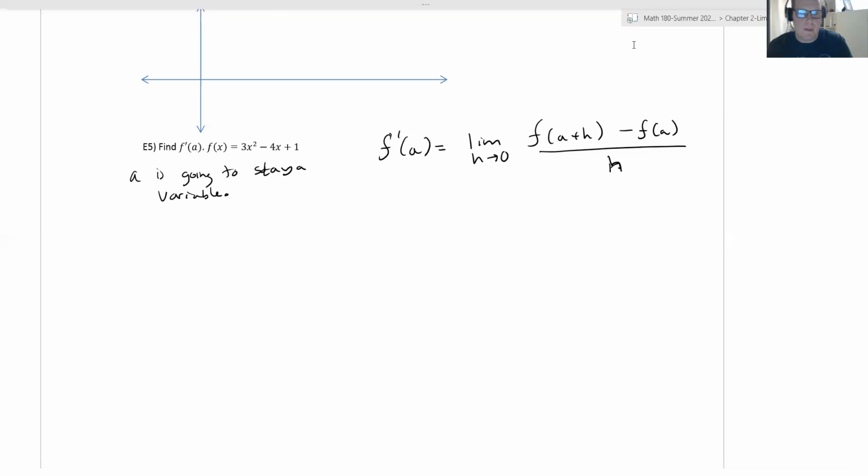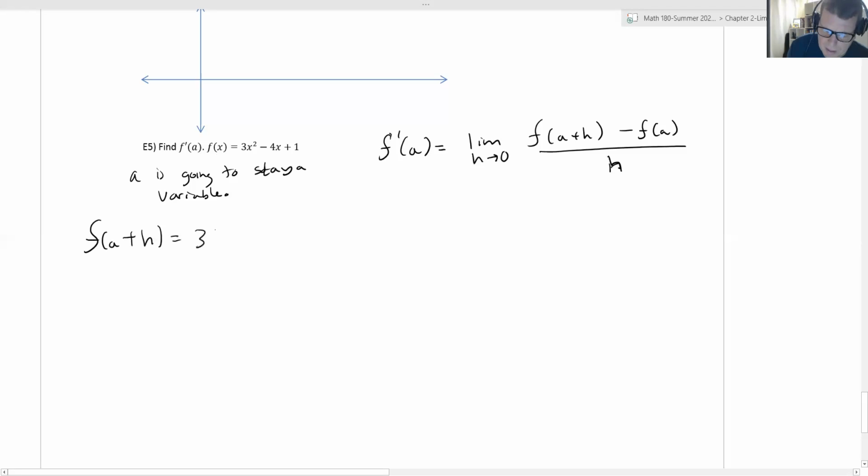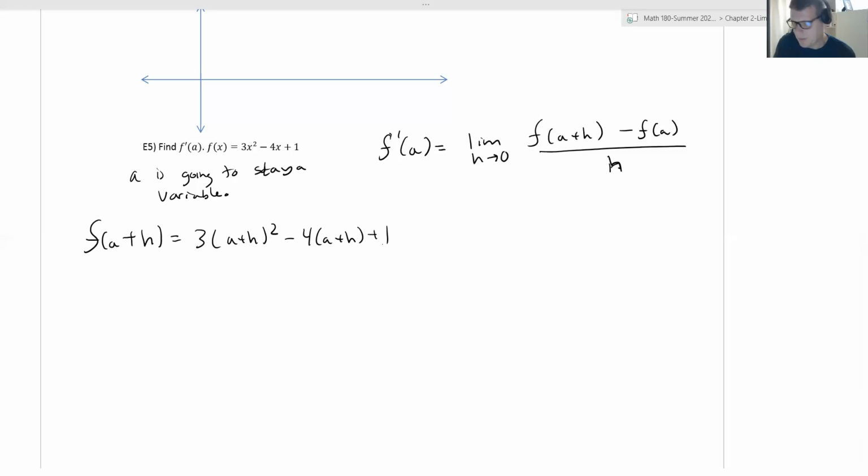Okay, so just to start out with something, f of a plus h is going to equal 3 times a plus h squared minus 4 times a plus h plus 1. In case you had any wonderings, that's what's going to happen.